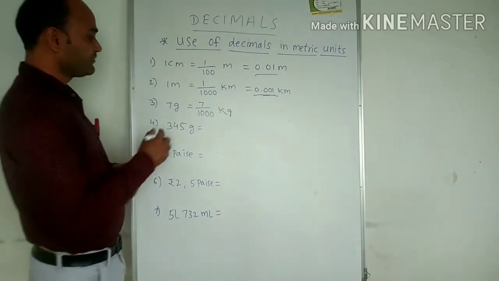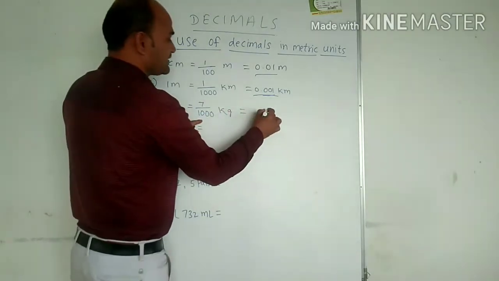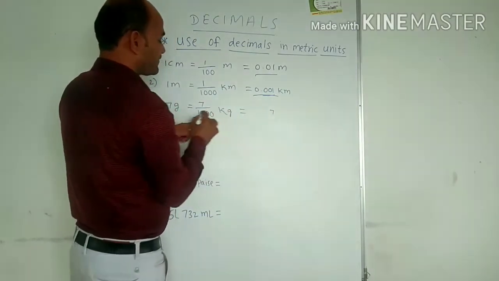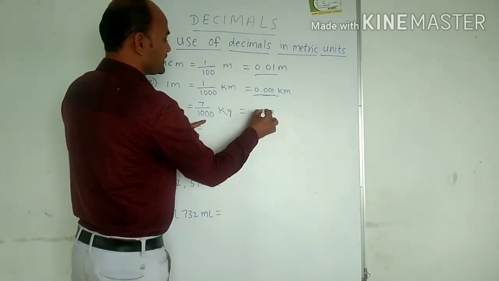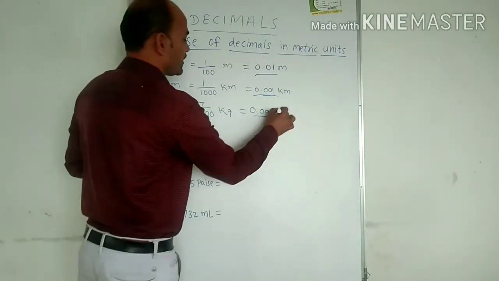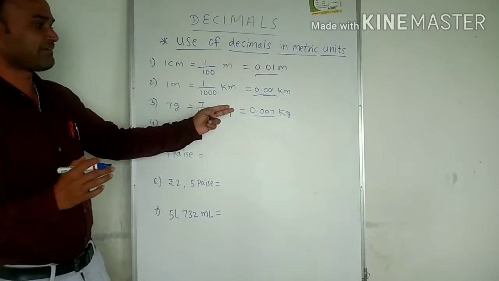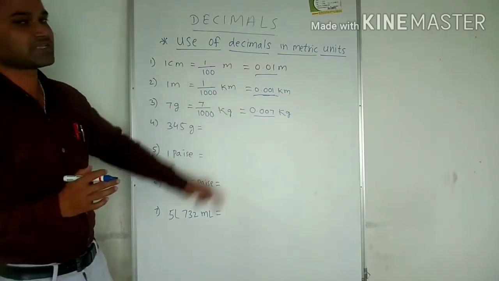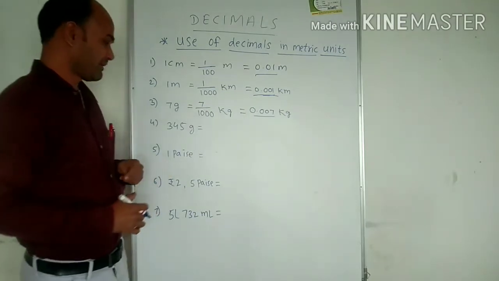There are 3 digits after the first digit 7, so after 3 digits we put the point. So 7 grams is 0.007 kilogram.